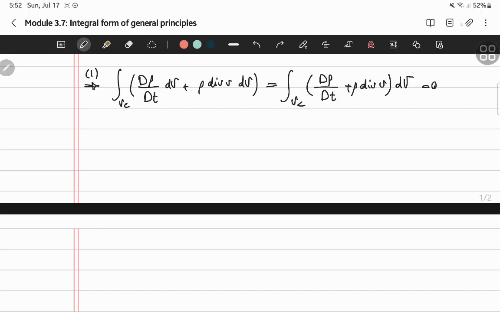So for this equation to be valid for every control volume that we select, we need the expression inside the parentheses to be equal to 0, based on the fundamental lemma of calculus.